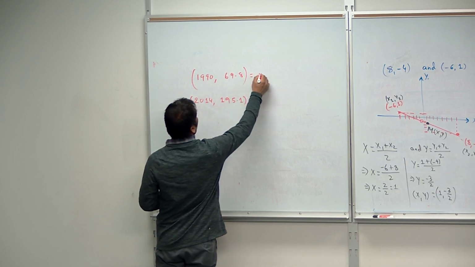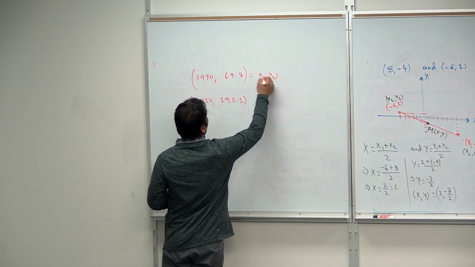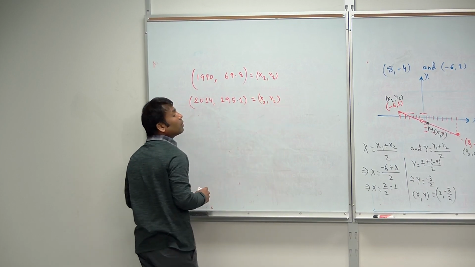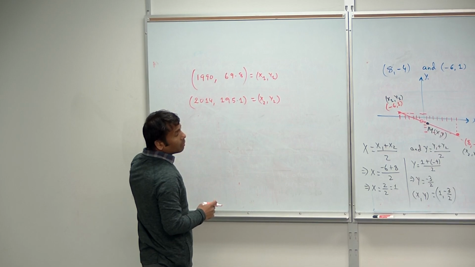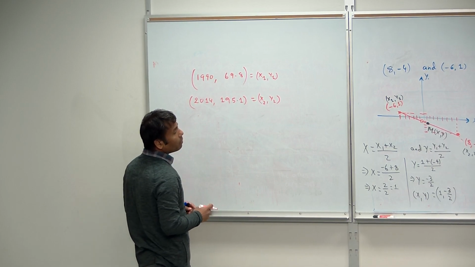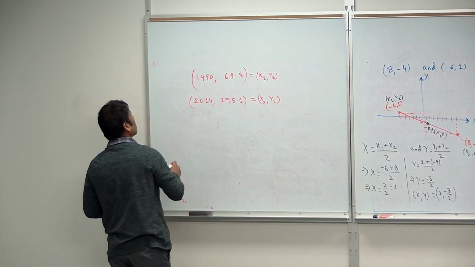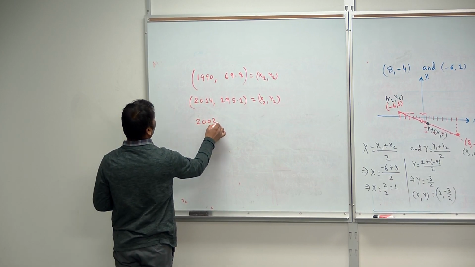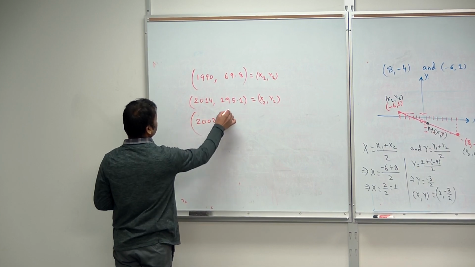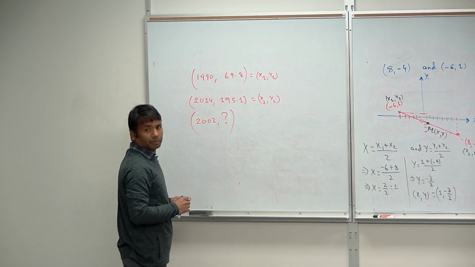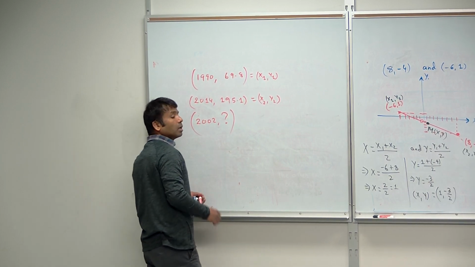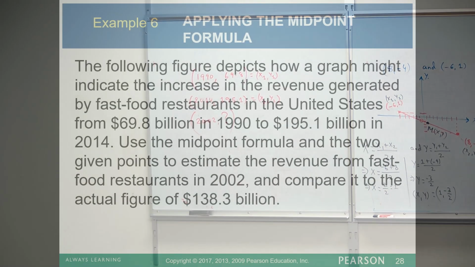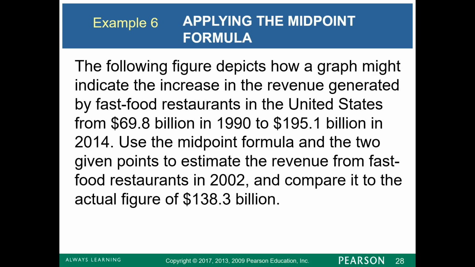So this is your x1, y1, and this is your x2, y2. You need to estimate the revenue from the fast food restaurants in 2002. What is the revenue in 2002? You need to find this. The actual figure is 138.3 billion.